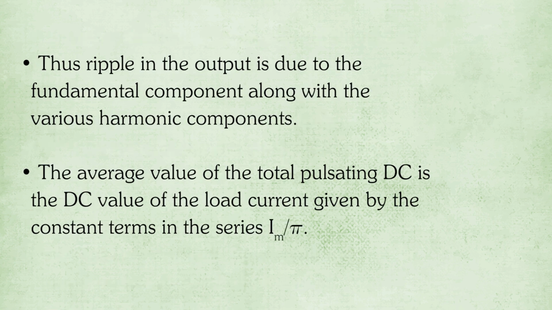Thus, ripple in the output is due to the fundamental component along with the various harmonic components. So, the average value of the total pulsating DC is the DC value of the load current given by the constant term in the series, that is Im upon pi.